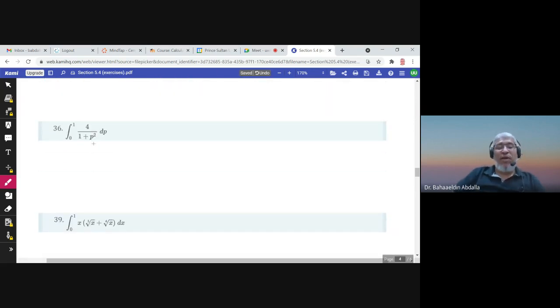I have a formula for 1 plus p square. 4 comes out, and I'll have the integral of 1 over 1 plus p square dp, and the integral of this is tan inverse p from 0 to 1. So it's 4 times tan inverse 1 minus tan inverse 0, which is 0.